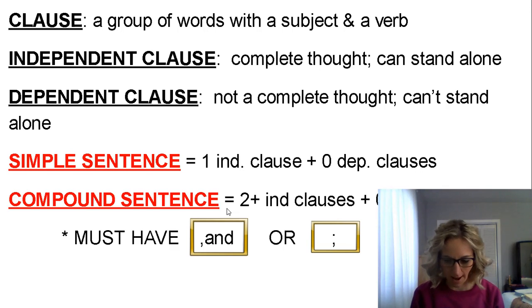So let's look at number 1. Pumpkins, cucumbers, and squash are all members of the gourd family. Do we have a semicolon or a comma conjunction? No, we do not. Now find all of your subjects and your verb. What are your subjects? Pumpkins, cucumbers, squash, right? My verb is are, right?